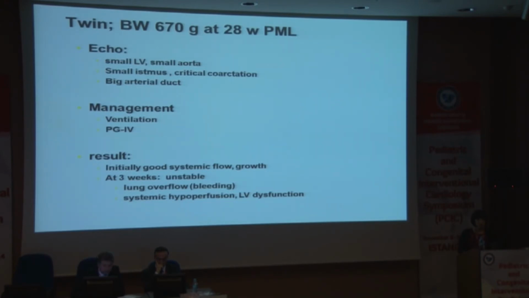So at that stage, the patient didn't clinically have a coarctation. The pulses were actually very good, but suffered the symptoms of high pulmonary flow and had management problems, ventilation problems.